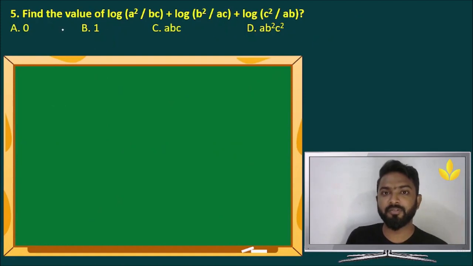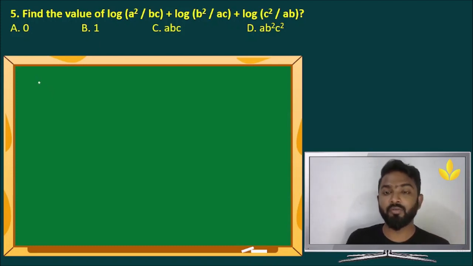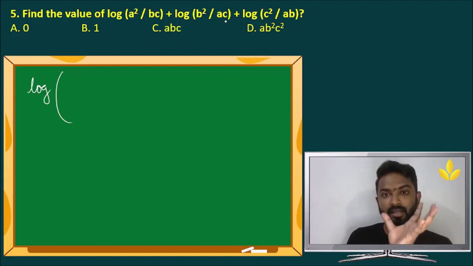Question number 5. Again the same way. Let's expand everything, or what we can do is we can multiply everything as well. So we have log of, let's multiply everything this time, because plus plus means the inside parts of the log all get multiplied.